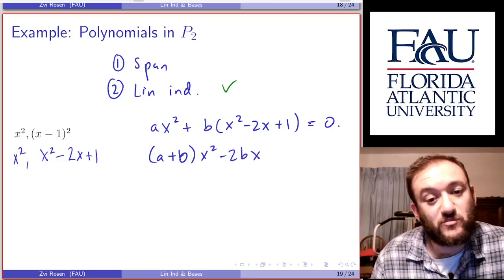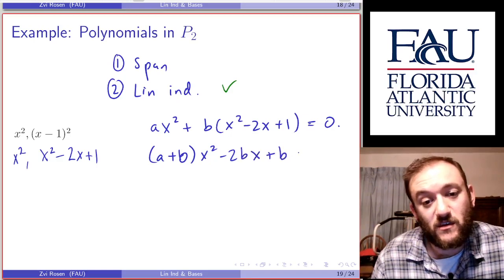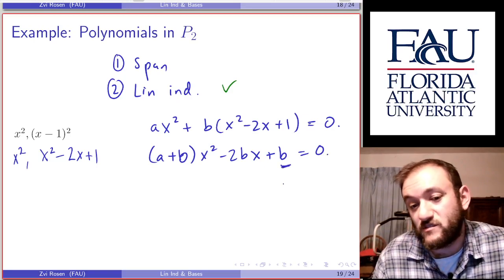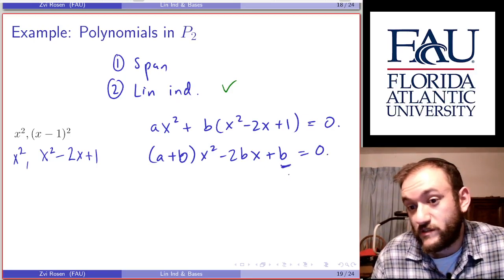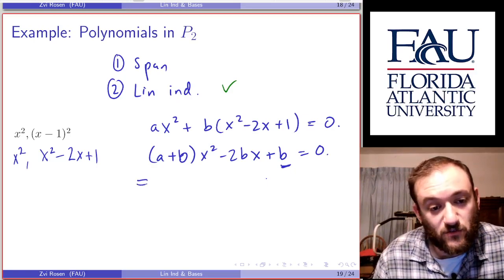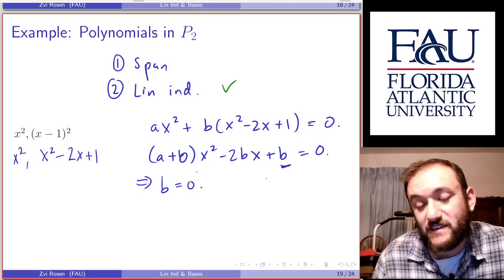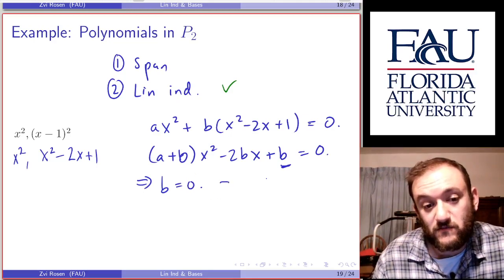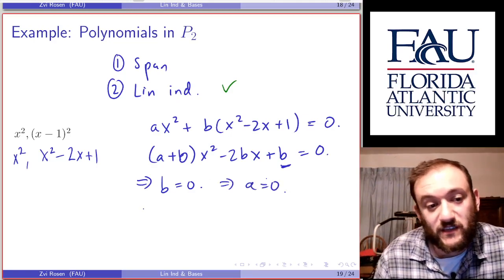And we have minus 2bx plus b equals 0. The constant term is b on its own, so b equals 0. And since a is the coefficient of x squared on its own, a is 0. So this is linearly independent.